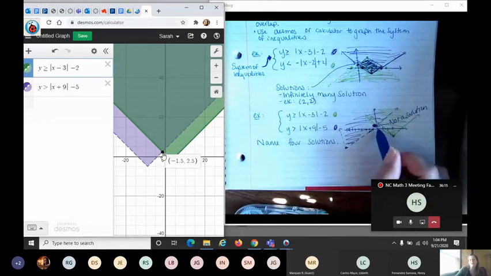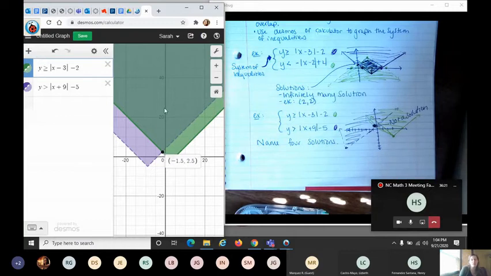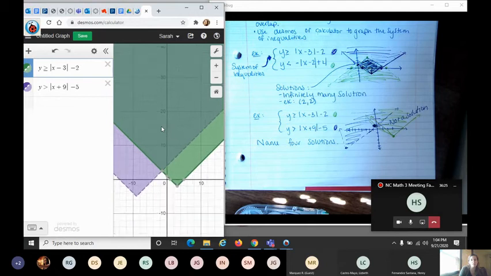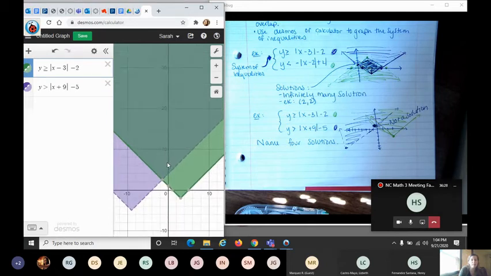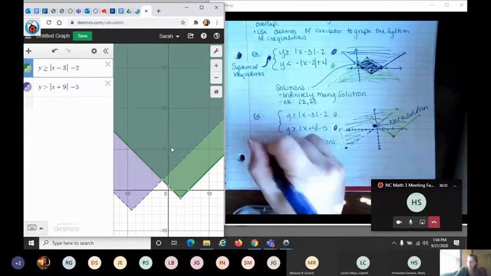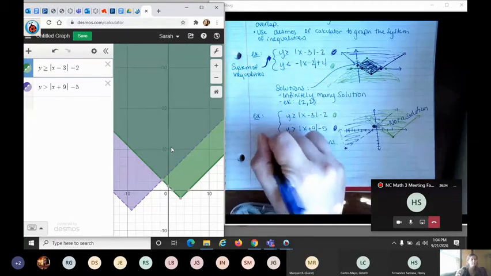Because we have that dashed purple line there. Those points are not included. So when we're naming our 4 solutions, we want to look in this region up here that's shaded, okay? So I'm going to zoom in a little bit, and we can just pick some points out. So like 0, 10 is in that region. I'm going to say 0, 10.